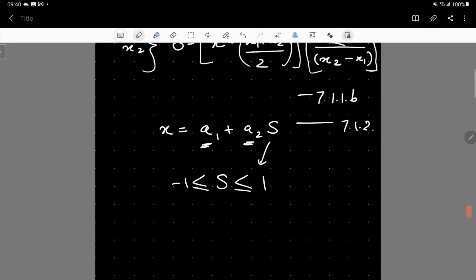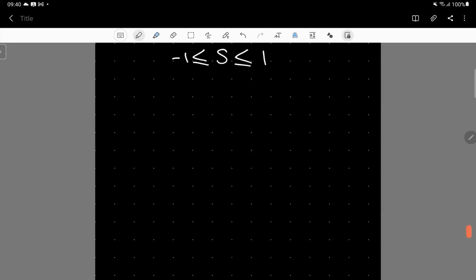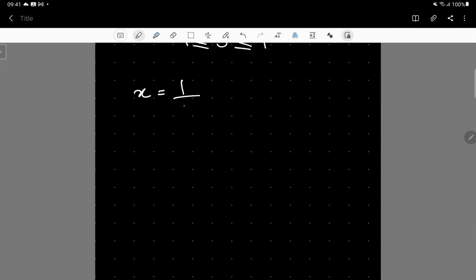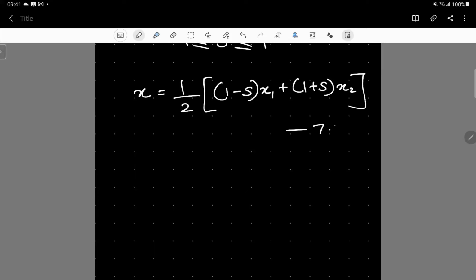By solving for x, you would be able to get x equals half times (1 minus s) x1 plus (1 plus s) x2. Now the terms in the natural coordinate system appear, and mind you, x1 and x2 are just simple numerical values. You will be able to express it in terms of the natural coordinate system.